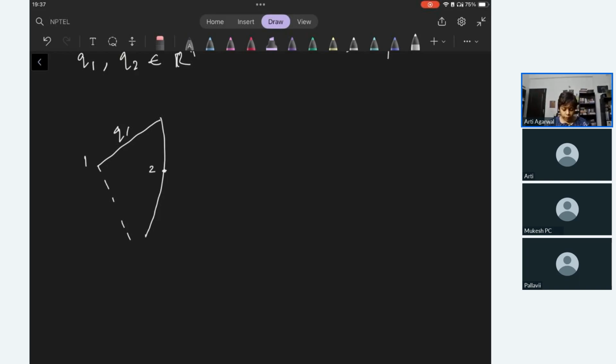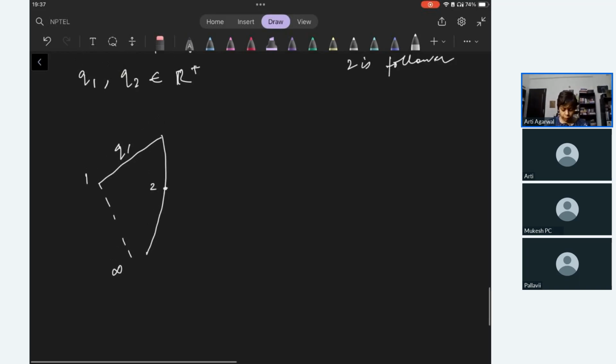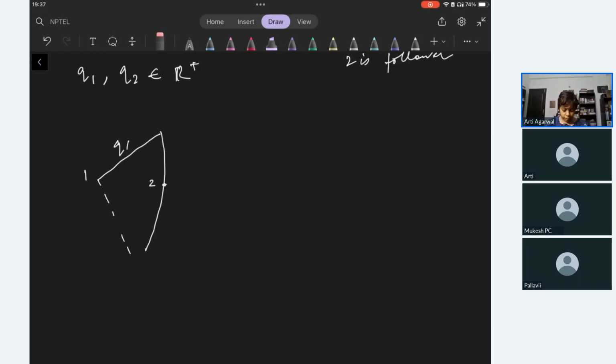We are showing this to represent the fact that there are an infinite number of strategies available to player 1, because Q1 can take any number of values. We'll come to that upper cap on capital Q right now. If you don't have that upper cap, you can make it a bit different here. This part you can say is capital Q, and this is 0.